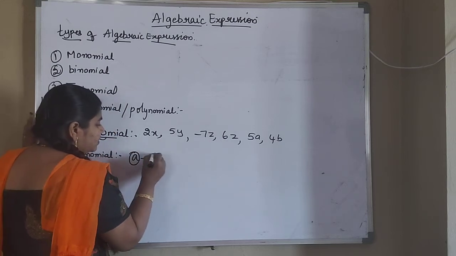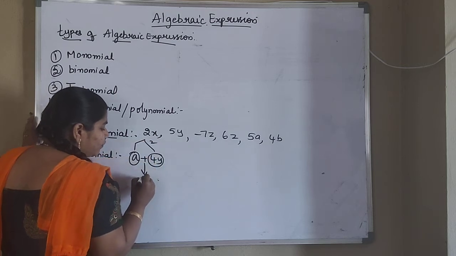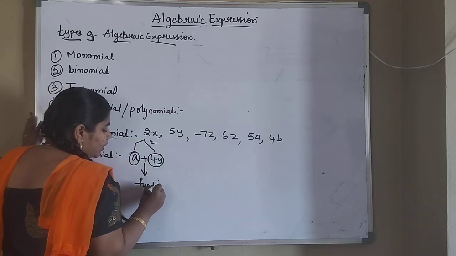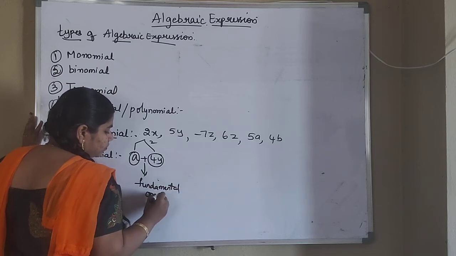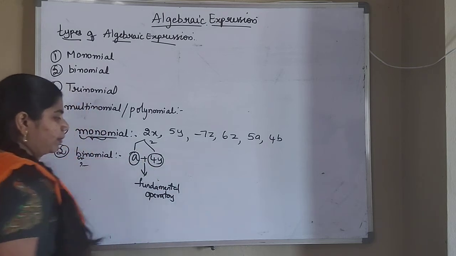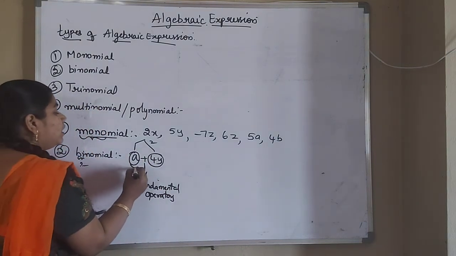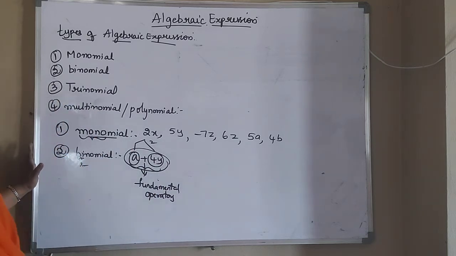This is one term, this is the second term. These two terms are combined with a fundamental operation. So this is called a binomial, a plus 4y.